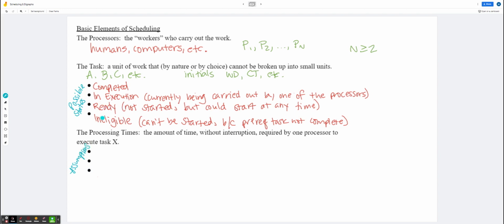about processing time. The first is that any processor can execute any task. So you and all of your siblings are all equally capable of cleaning the toilets. We call this the versatility assumption.